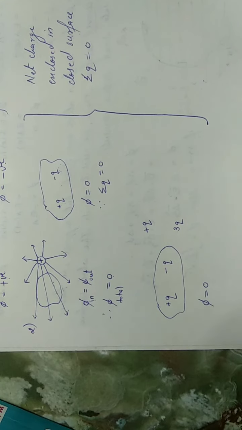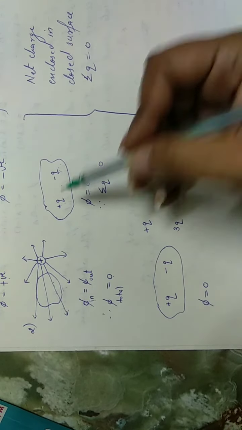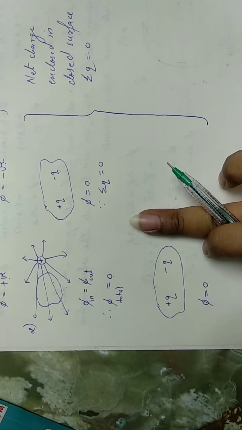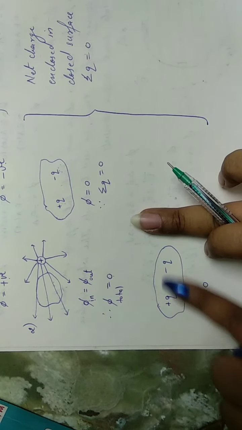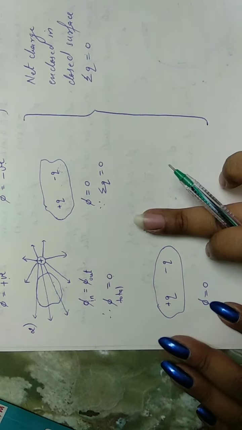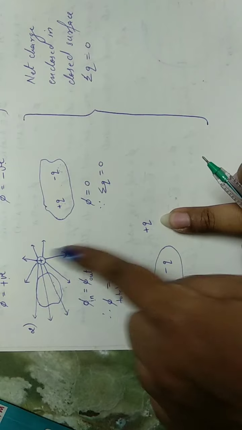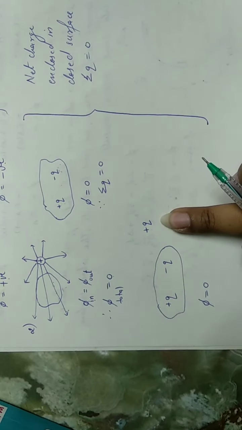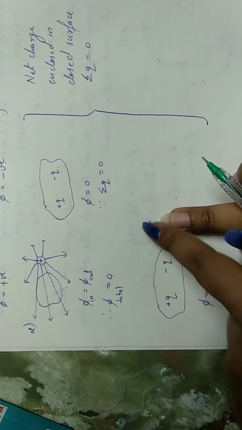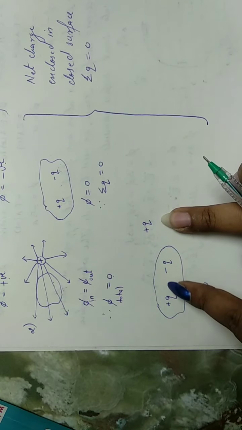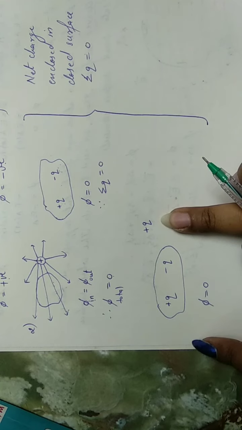Now we'll see this case. Here, again see, this was a dipole. In the same way, we have a dipole inside the closed surface. So the flux because of this dipole is going to be 0. Now just consider this charge outside. So this becomes a case similar to this. We have a charge over here, but the number of field lines entering the surface will be equal to the number of field lines leaving the surface.